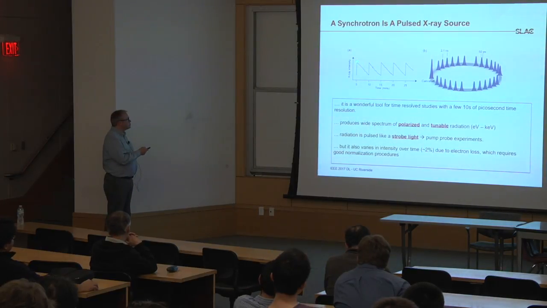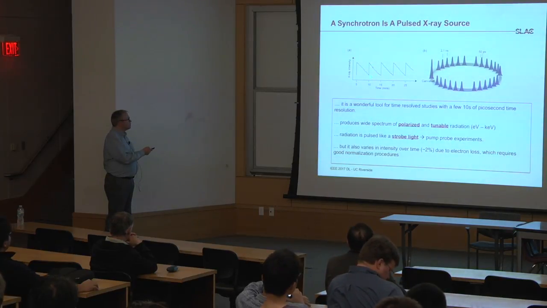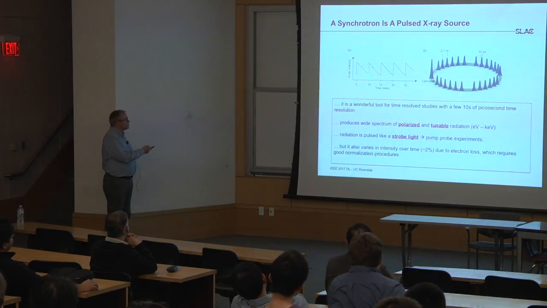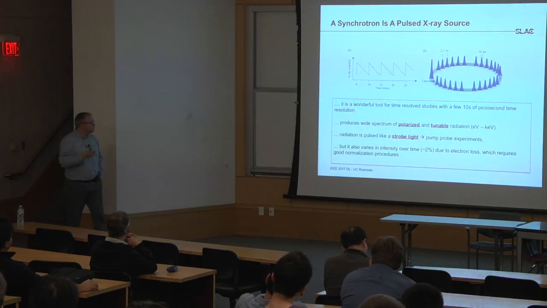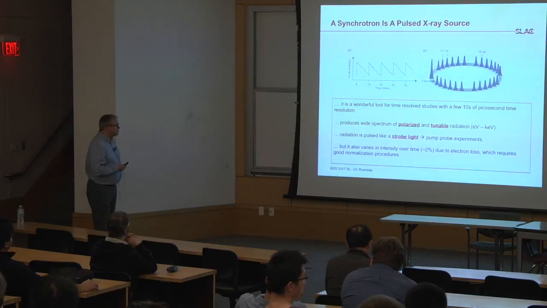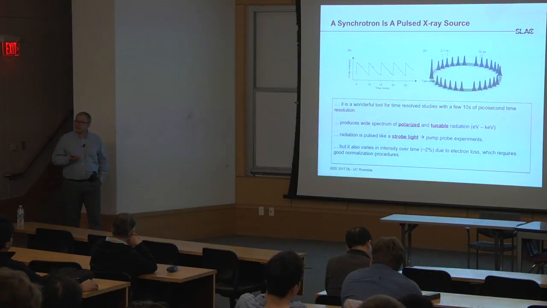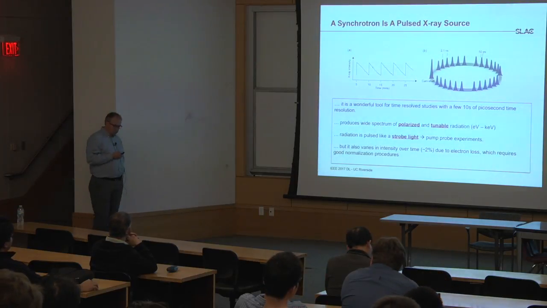And so you slowly lose intensity, and every 5 minutes they have to inject a few more electrons into the structure and recapture the intensity, and then you lose it, and so on. So this is a 2% variation that you typically observe, and you need to be able to compensate for that. That means you need to have a monitor, what we refer to as I0, for normalization purposes.